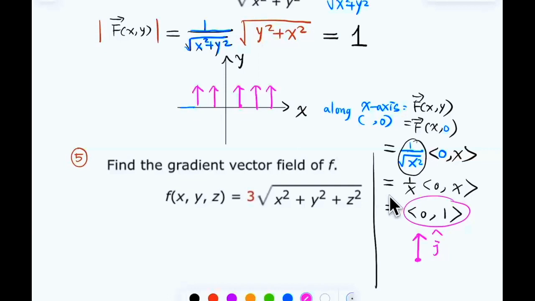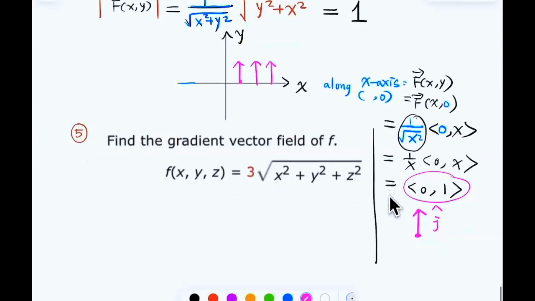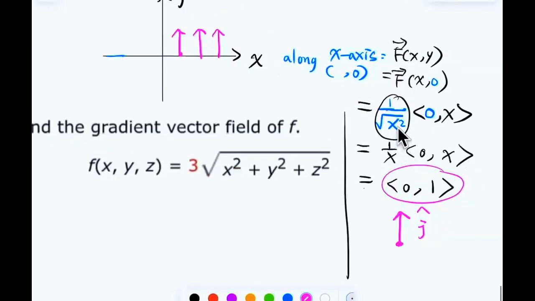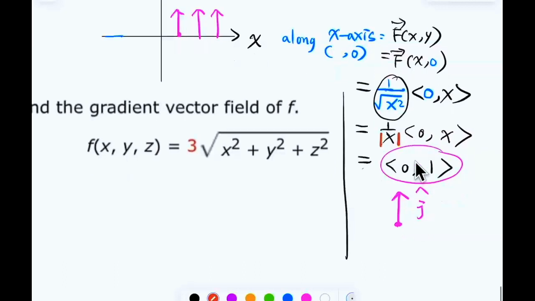Wait. Oh, that's when x is positive. When x is negative, there's something here. Because 1 over the square root of x squared should basically be the absolute value of x, remember? So when x is positive, it's going to be 0, 1.